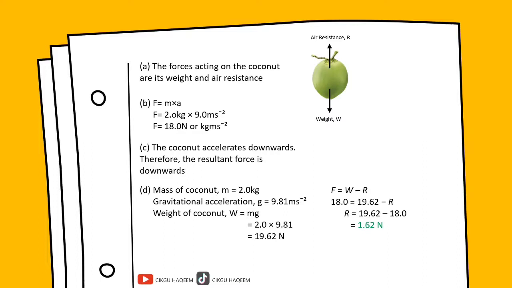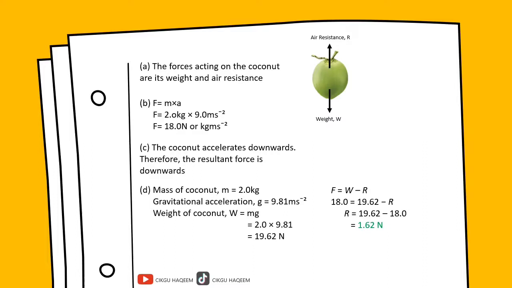We substitute the resultant force F that we got from B, which is 18 Newton, equal to W minus R. Weight is the mass of the coconut times the gravitational acceleration, so we get 19.62 Newton minus R, where R is the air resistance.